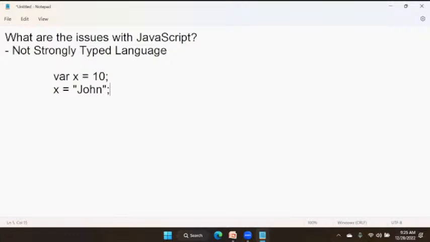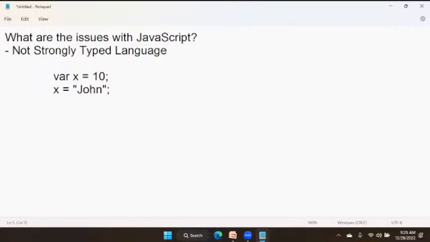No, but it is allowed in JavaScript. In JavaScript, it is valid. So that means JavaScript is not strongly typed, meaning it cannot restrict data types. In order to restrict the data types, you need to write logic externally.